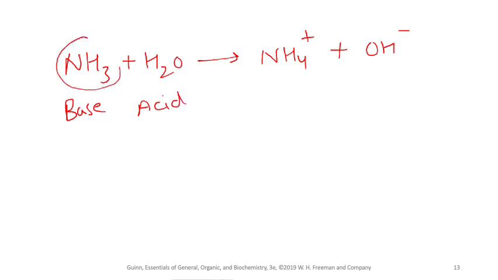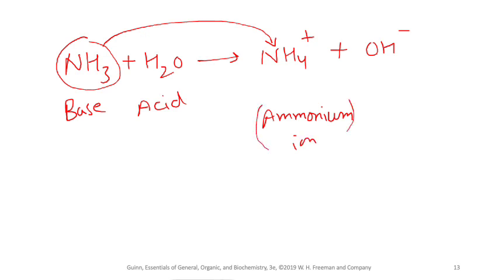The ammonia is getting converted into ammonium ion. So that means ammonia now has an extra hydrogen that it took from the water. This is your ammonium ion, which has an extra hydrogen that it took from the water during the reaction.